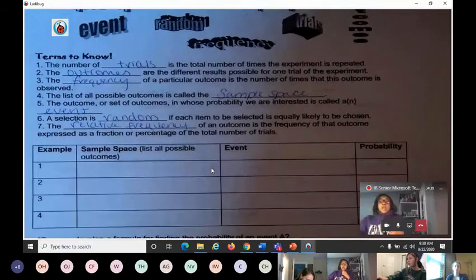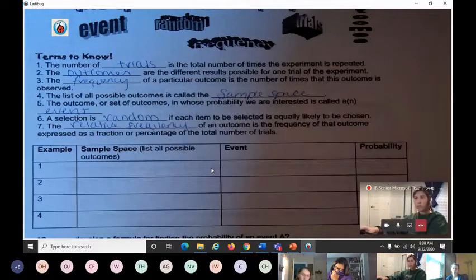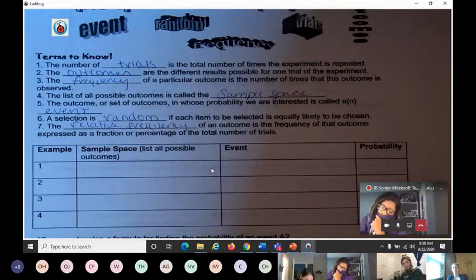Okay, so those are the 7 key terms for our probability unit. Okay, so I'll give you a minute to copy that down and then we'll do a couple examples.